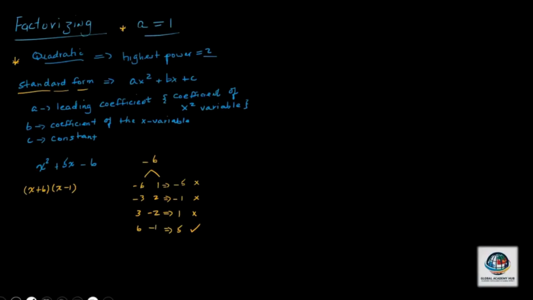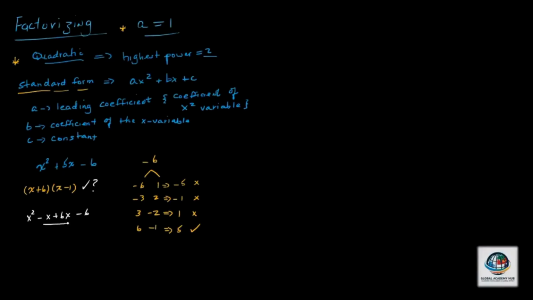Now let's check it to make sure. Very important. So let's multiply this through. So I'll put a check mark here, but then I'll put a question mark. Now when I multiply this through, I'm going to get x times x, which is x squared, x times negative 1, which is negative x, 6 times x, which is 6x, 6 times negative 1, which is negative 6.